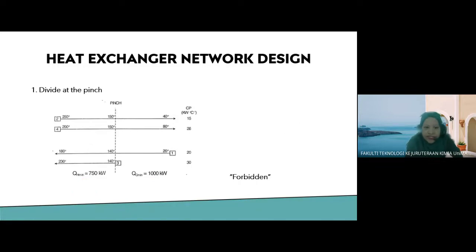Okay, the first step is to divide at the pinch so that you get two groups. One is the area below the pinch, and another one is the area above the pinch. So this side is the area below the pinch, and then this is above the pinch, because this is T hot pinch, this is T cold pinch.